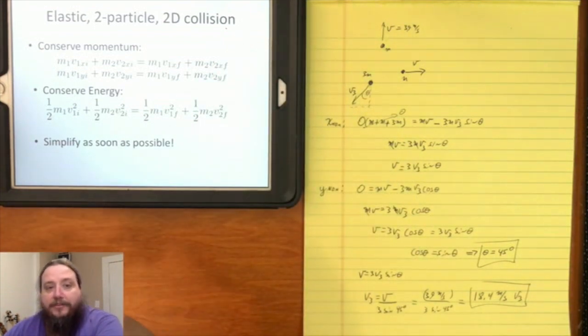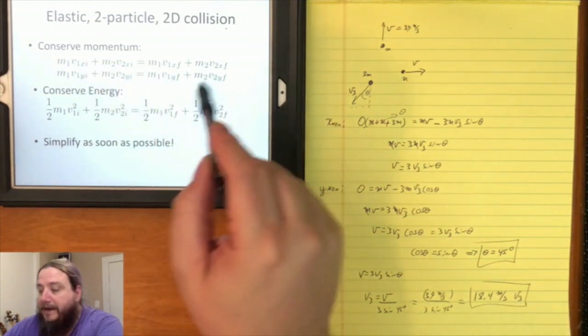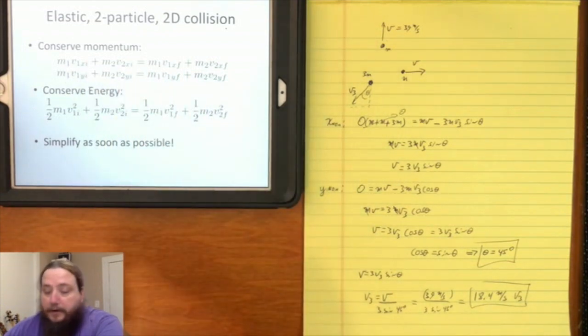Sometimes for certain situations, like for instance, if all the masses are the same, that can simplify things. If there's some nice symmetry, or if one of the particles wasn't moving to begin with, then it can simplify enough that it doesn't get too hairy and it doesn't get too much worse than, for instance, the 1D elastic collision problems. But in general, it's just like elastic collision in 1D, except with even more algebra.